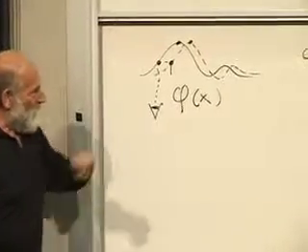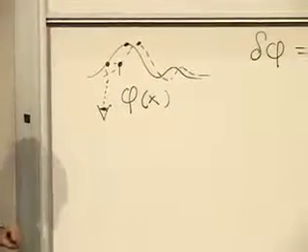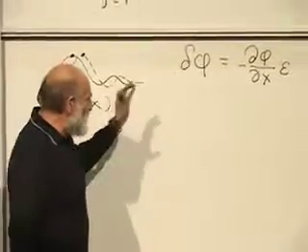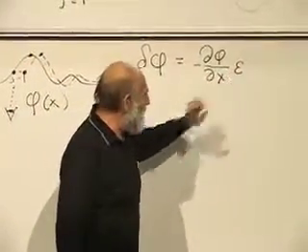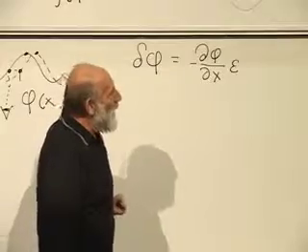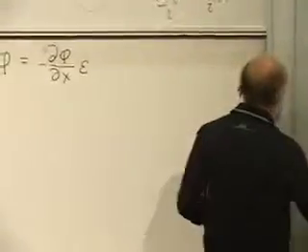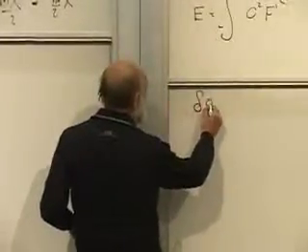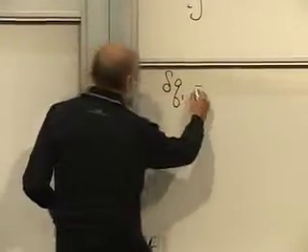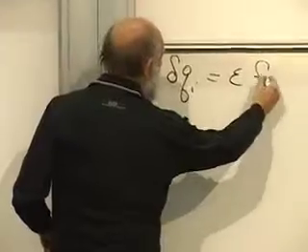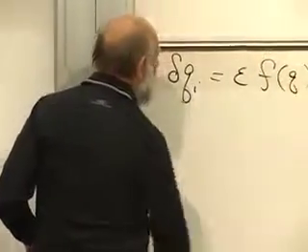Okay, so that's the change in phi. At every point in space, phi changes by this amount. Well, that's an example. It's a special case of this idea that delta q, the change in a q, is epsilon times a function of all the q's.